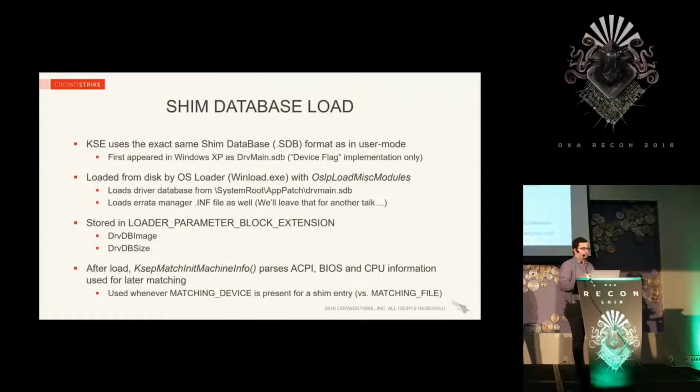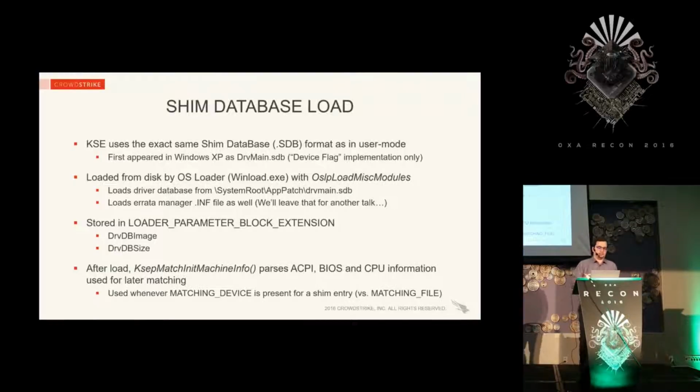This shim database is called drvmain.sdb, and it's located in the same app patch directory as everything else. And it appeared in XP. And in XP, again, there was no kernel shim engine, but there was this AppCompat engine where you could have certain flags. And what changes in Windows 8 with the kernel shim engine is the ability to have driver shims as well. So this is loaded very early on by winload.exe, or .efi, which is your Windows bootloader.